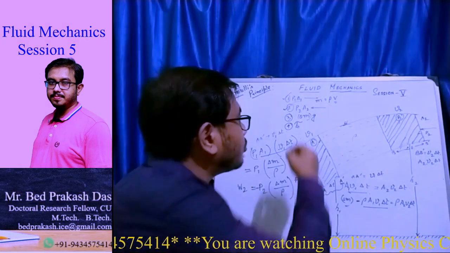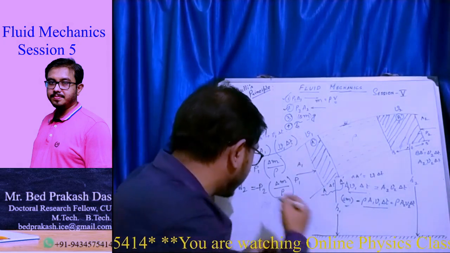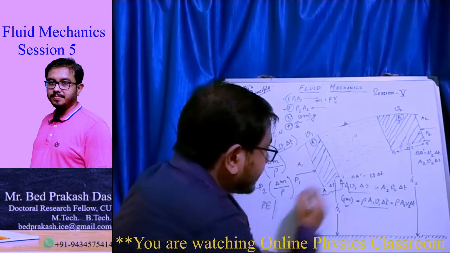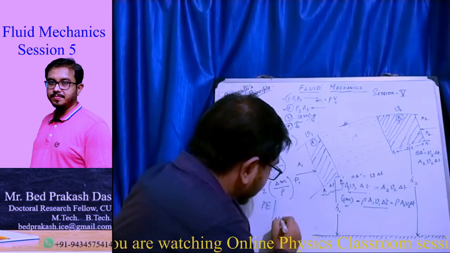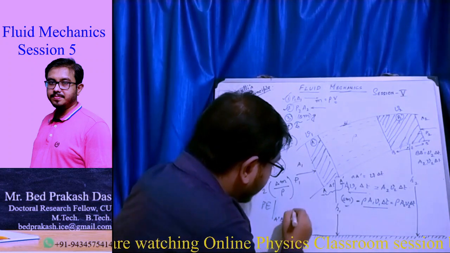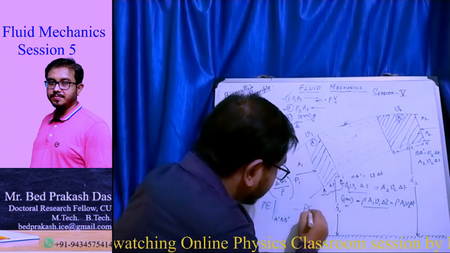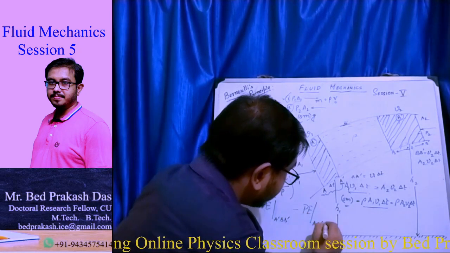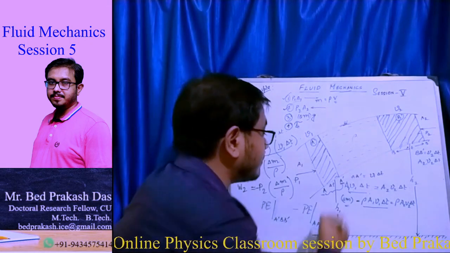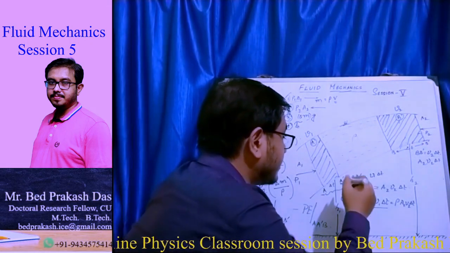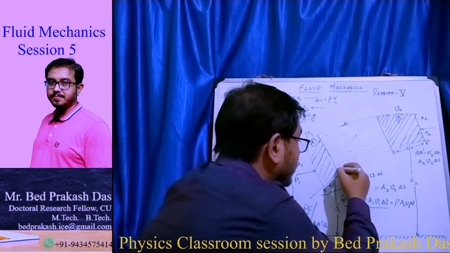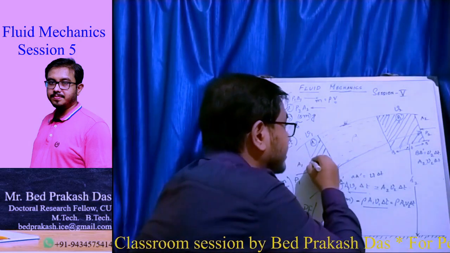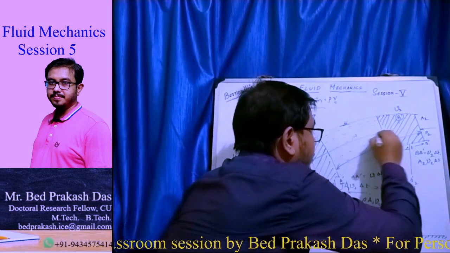To calculate the change in potential energy, we have to consider the potential energy at section A dash B B dash minus the potential energy at section A A dash B. That means potential energy acting on this section minus potential energy acting on this section.